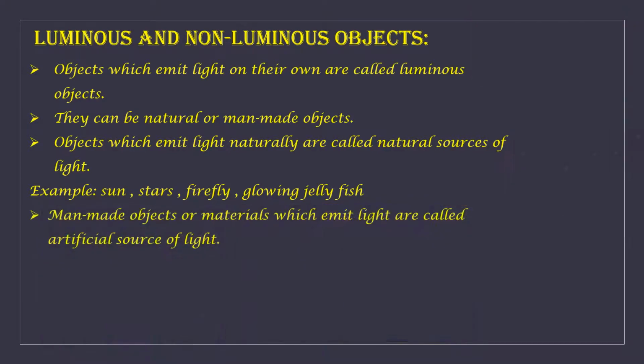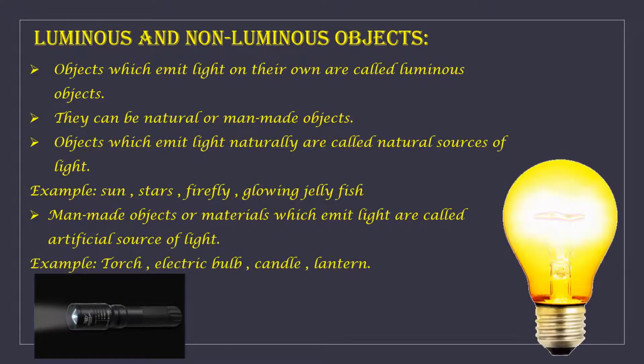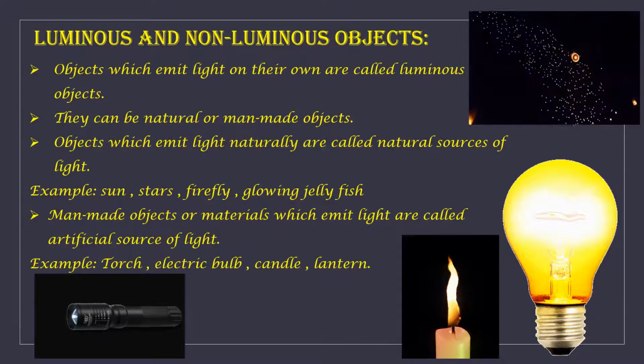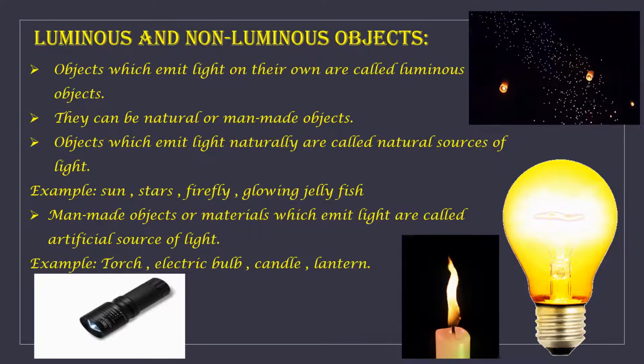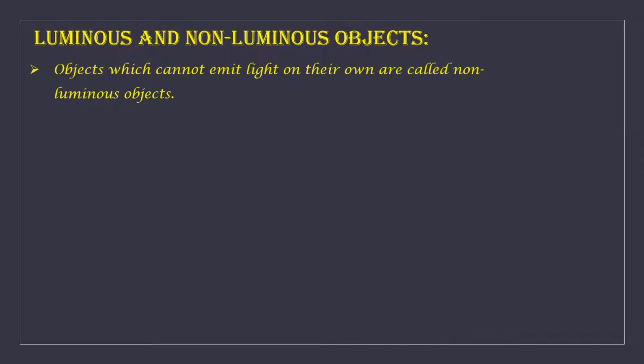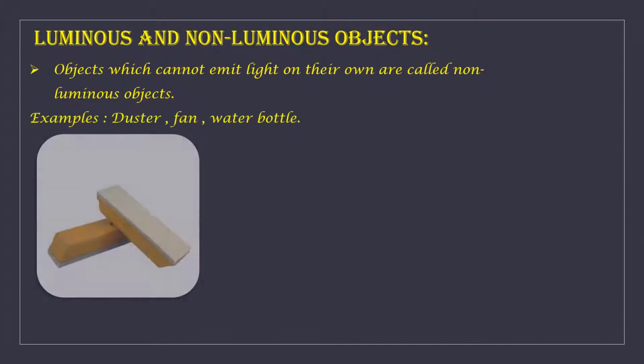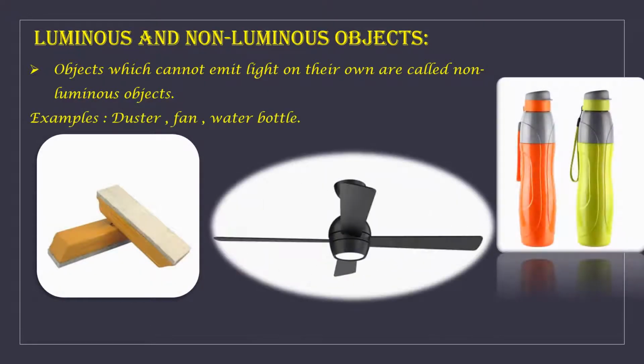Man-made objects or materials which emit light are called artificial sources of light, for example a torch, electric bulb, candle and lantern. Now about non-luminous objects. Objects which cannot emit light on their own are called non-luminous objects, for example a duster, fan and water bottle.